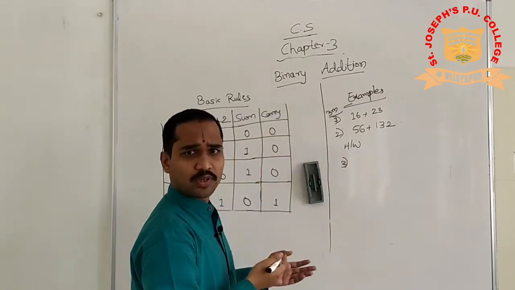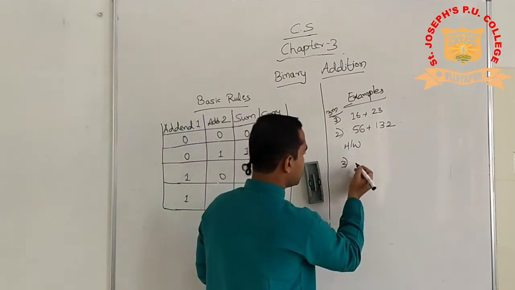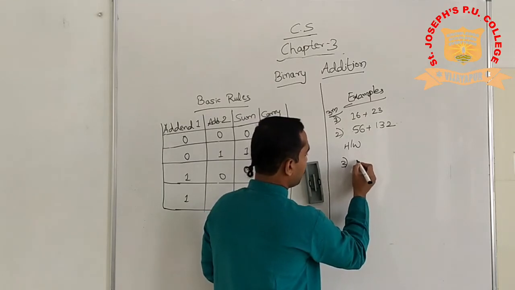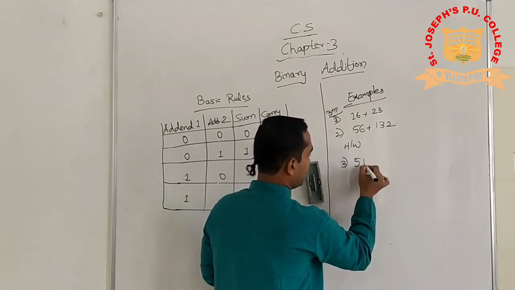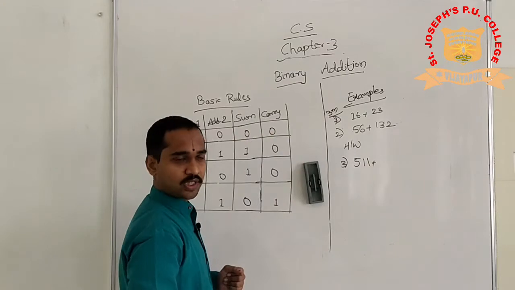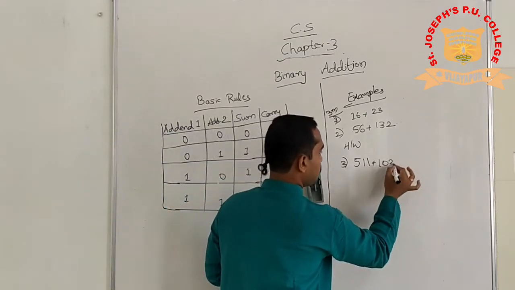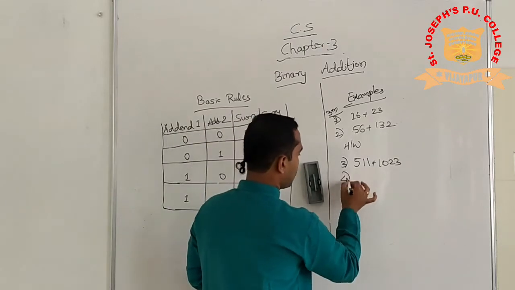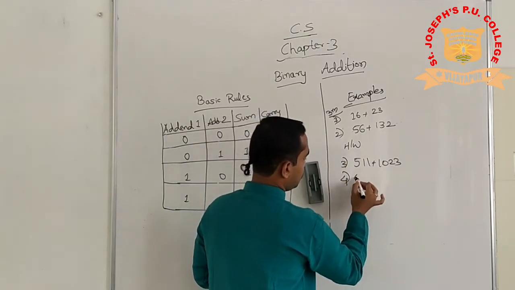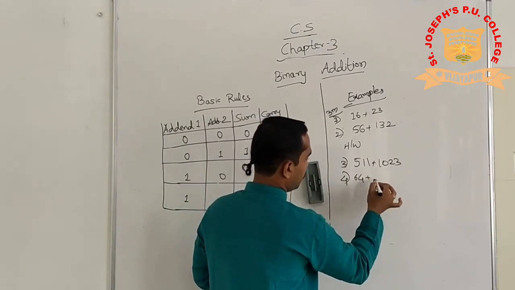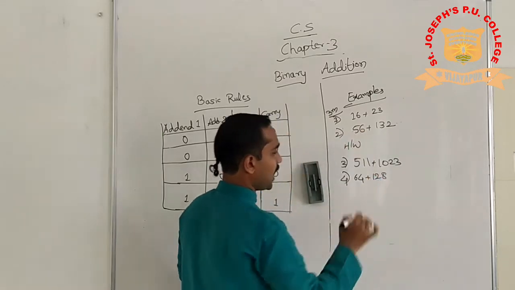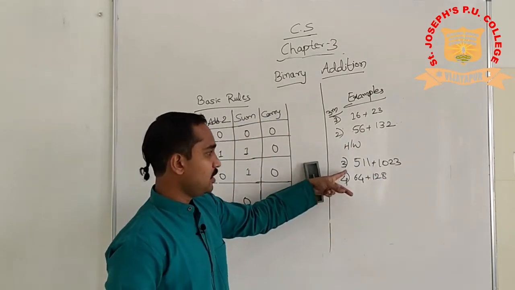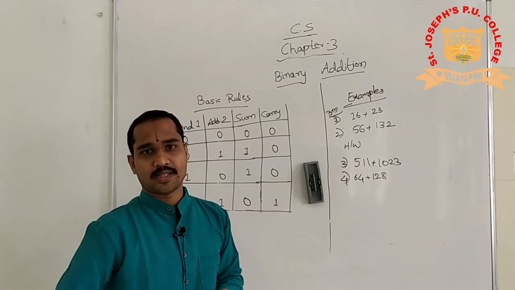Of course, everything is homework now, isn't it? But still, 511 plus 1023. Try this. Then the last one, 64 plus 128. Please try these two and send me as the assignment.